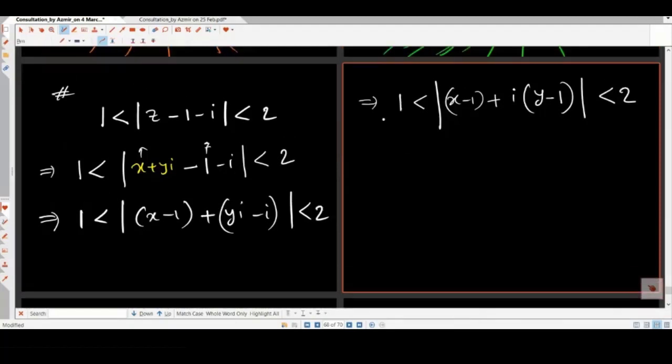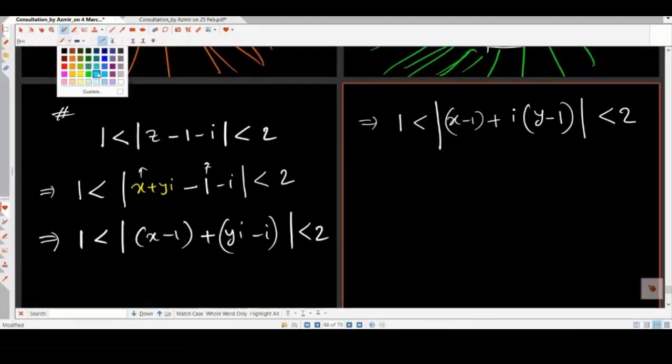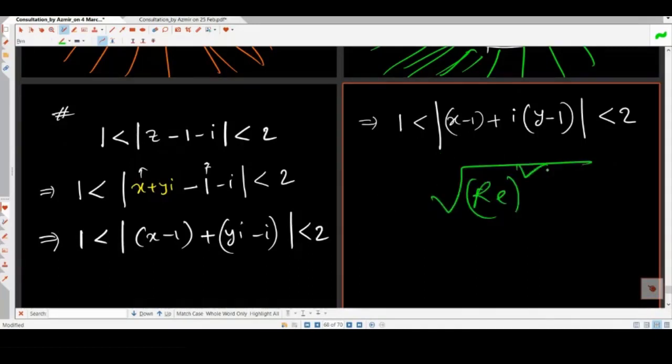So this is the time when we need to remove this modulus sign. For that, we know the modulus is the square root of the real part squared plus the imaginary part squared. This is our real part and this is our imaginary part.